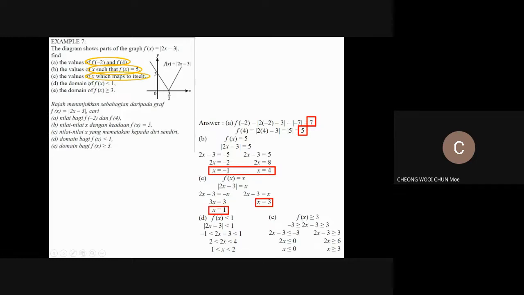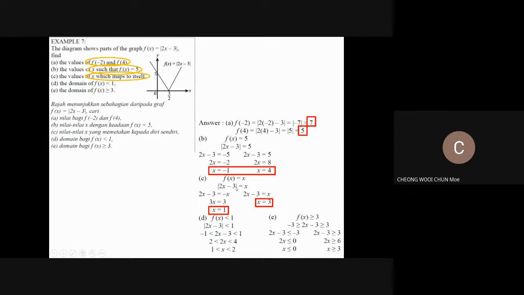Then we want to find the x when it maps to itself, maps back to x. So modulus 2x minus 3 equals x.